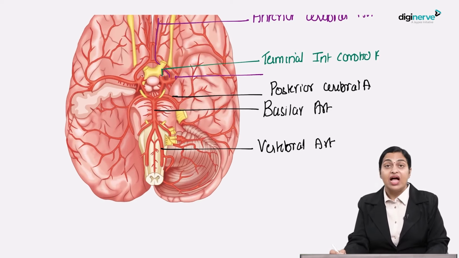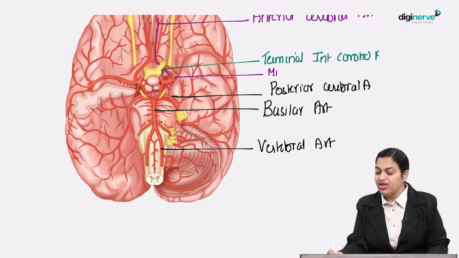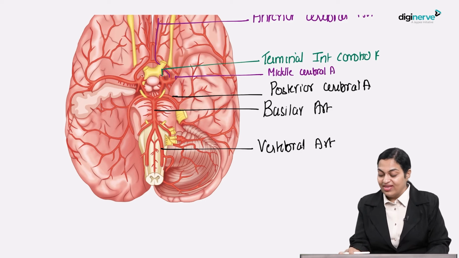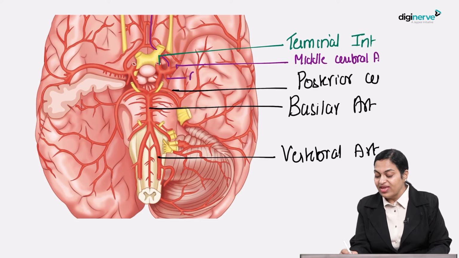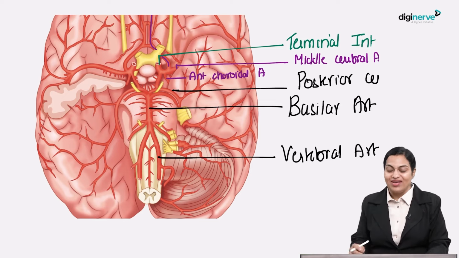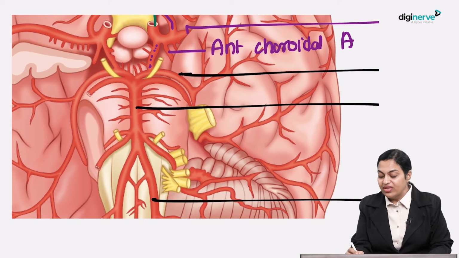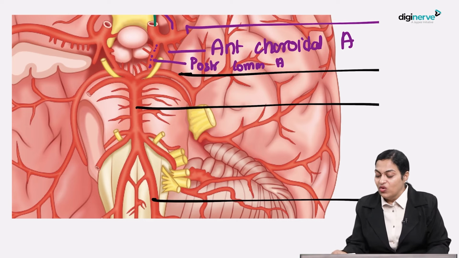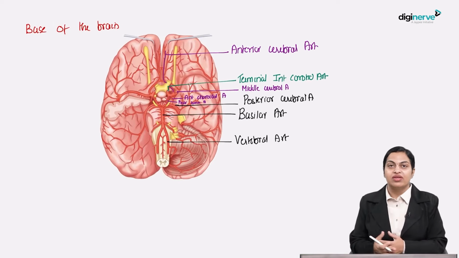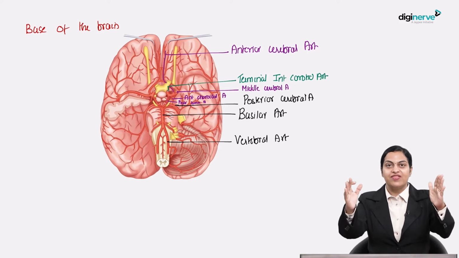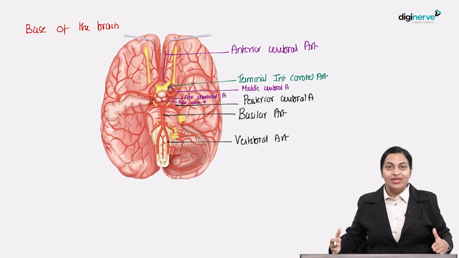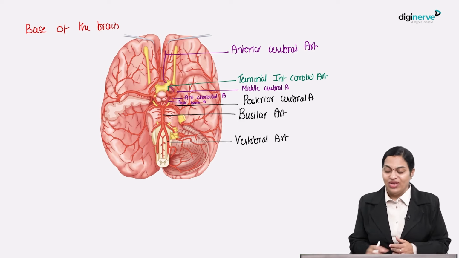This one here is the larger terminal branch of the internal carotid artery, the middle cerebral artery. This one here is the anterior choroidal artery coming from the internal carotid artery. And this branch you can see joining the posterior cerebral artery. This is the posterior communicating artery. So these are the branches of the internal carotid: the anterior cerebral, middle cerebral, anterior choroidal and the posterior communicating.